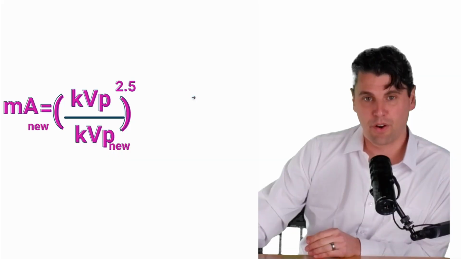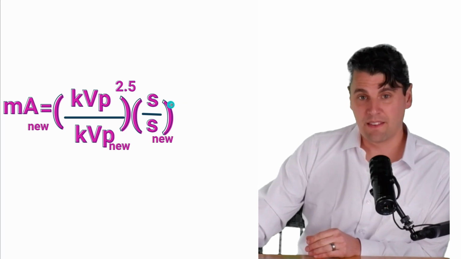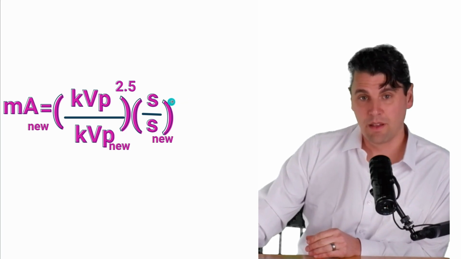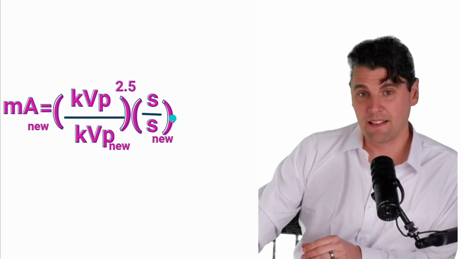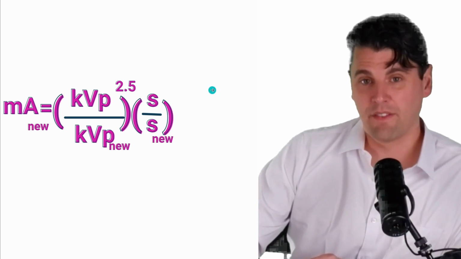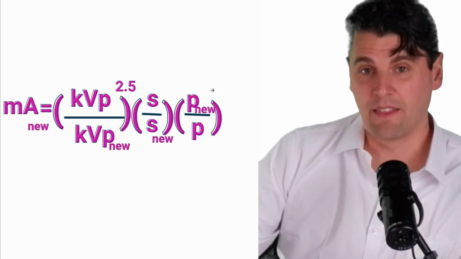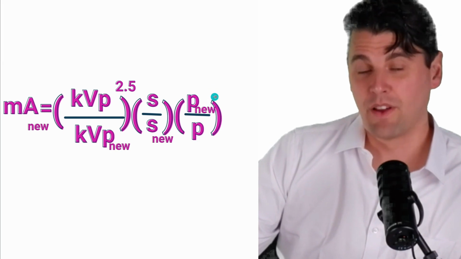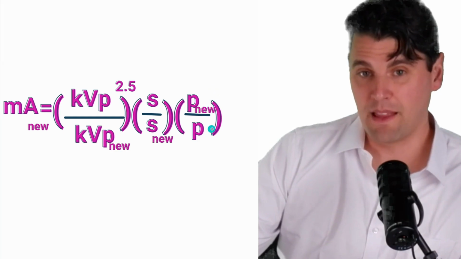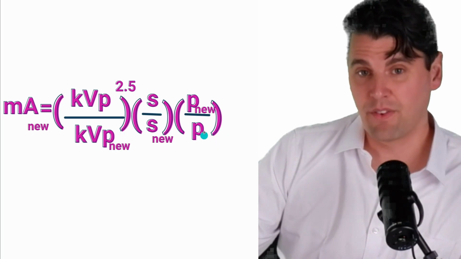So that's the first term. Then the second term is the term that depends on the time. So we have the seconds divided by the seconds new. Then we have a term that's depending on the pitch. So we have the pitch new divided by the pitch. So this one is different than the others, right?